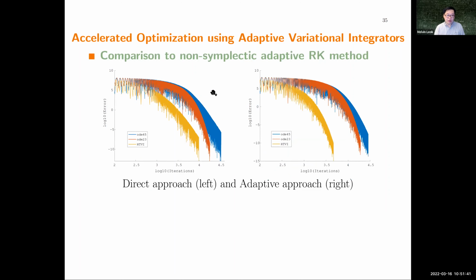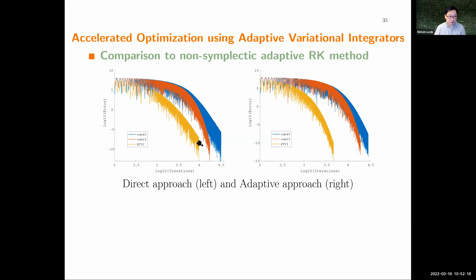But I think what's interesting is that if you were to compare this to a non-symplectic adaptive Runge-Kutta method, say RK45 in MATLAB and ode23, you'll see that in essence the direct versus adaptive approach doesn't matter when you are using an already non-symplectic adaptive RK method, because basically the time steps are already chosen in a way which exploits this scaling.